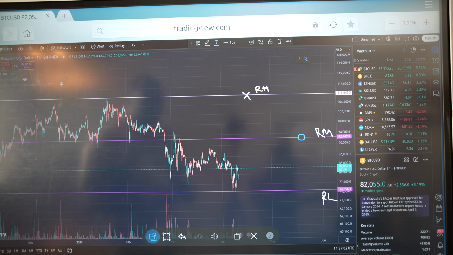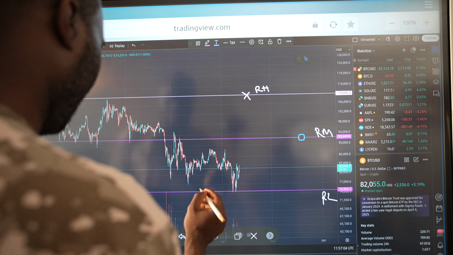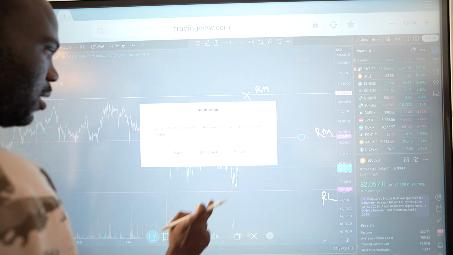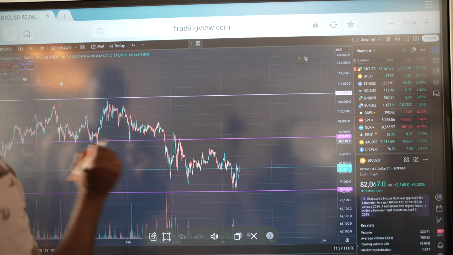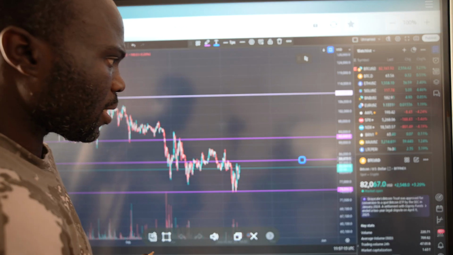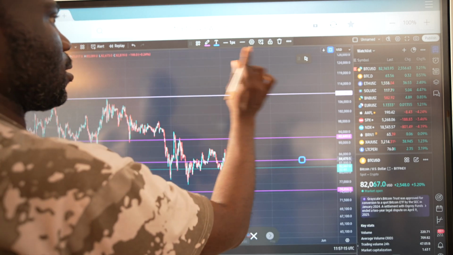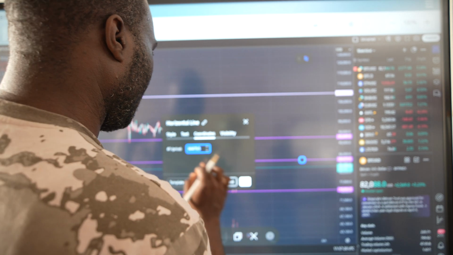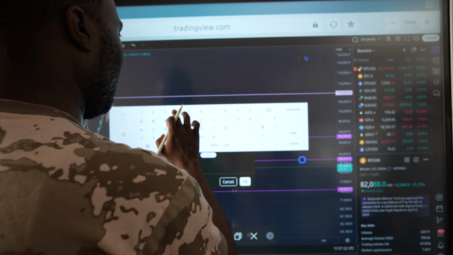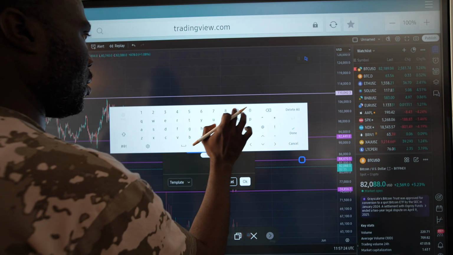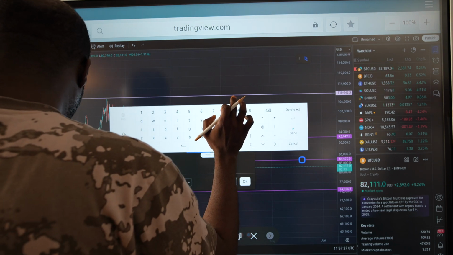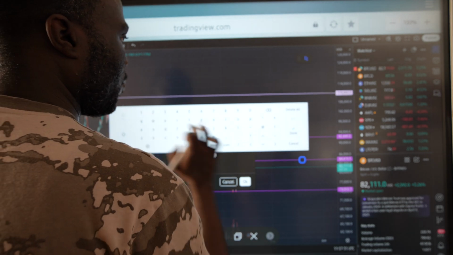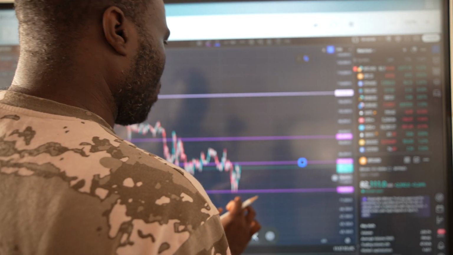So we have this, which will be somewhere around here, 83.6. Sorry, let me add that to our chart quickly so that we can see. 83.6. Ooh, that's large. I think I will adjust that a bit. 83,652.